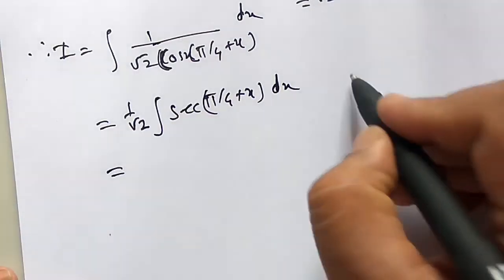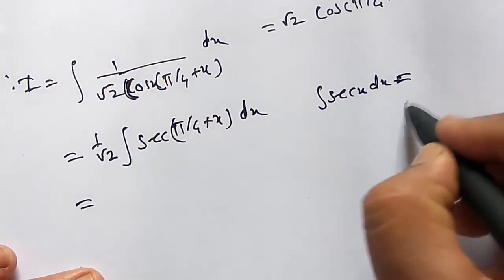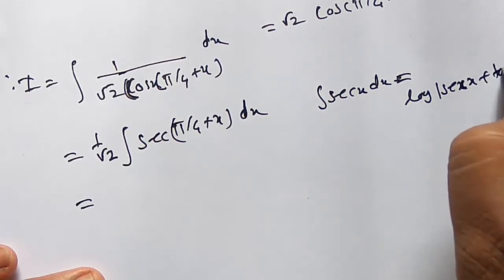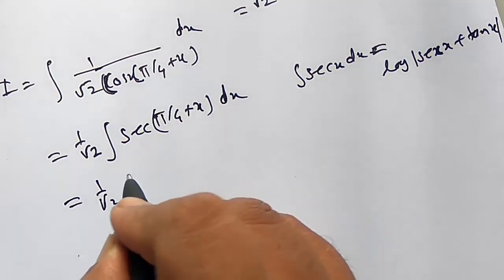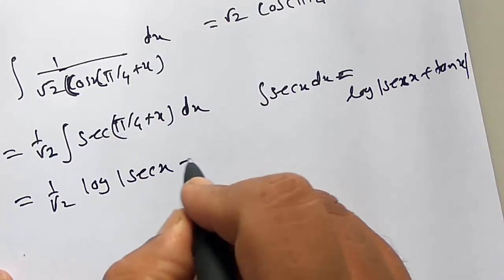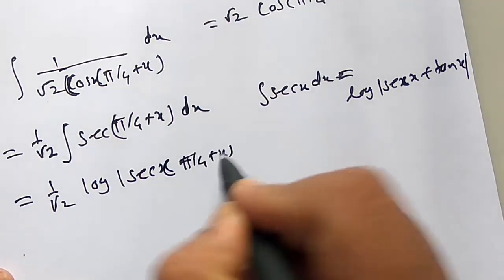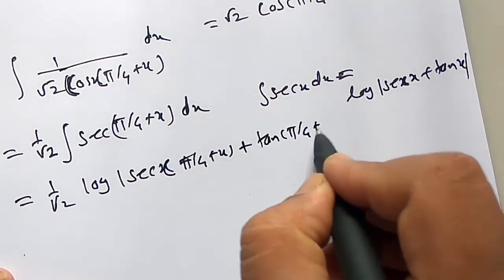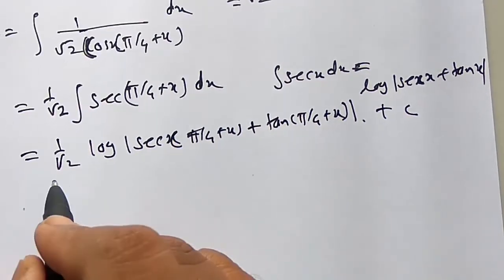We know that integration of sec x dx is equal to log of sec x plus tan x. So using this, 1 upon root 2 log of sec of pi by 4 plus x plus tan of pi by 4 plus x plus c. So this is the answer.